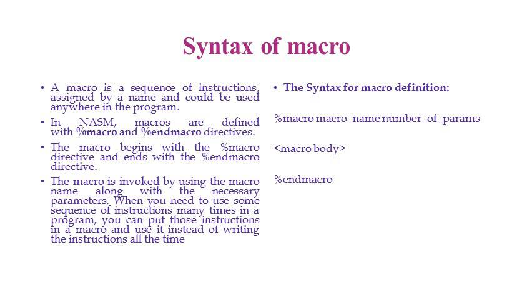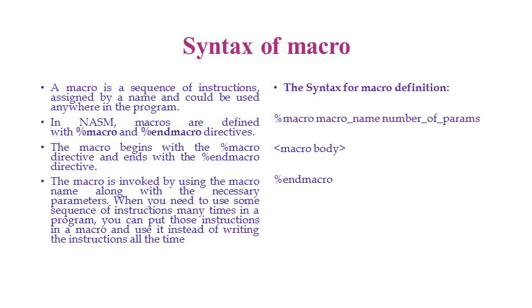When you need to use some sequence of instructions many times in a program, you can put those instructions in a macro and use it instead of writing the instructions all the time. Now see here at the right side the syntax of macro.